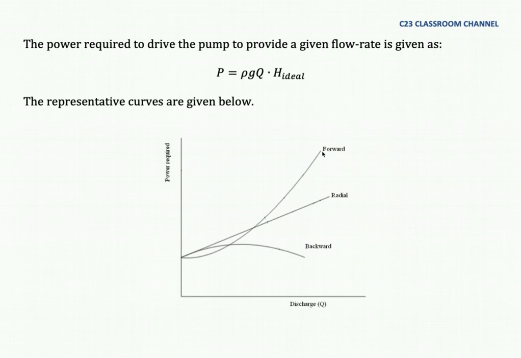And for the forward blade centrifugal pump, if you increase the discharge, the power required will increase exponentially. So for backward it might not be too different, but for radial and forward you will need more power to have more discharge.